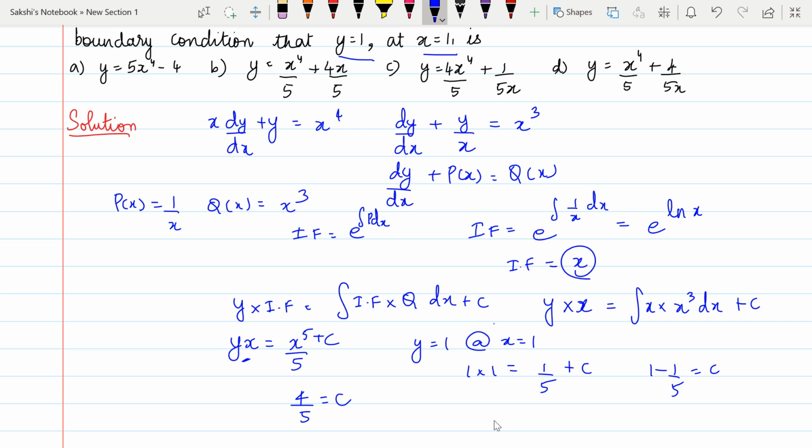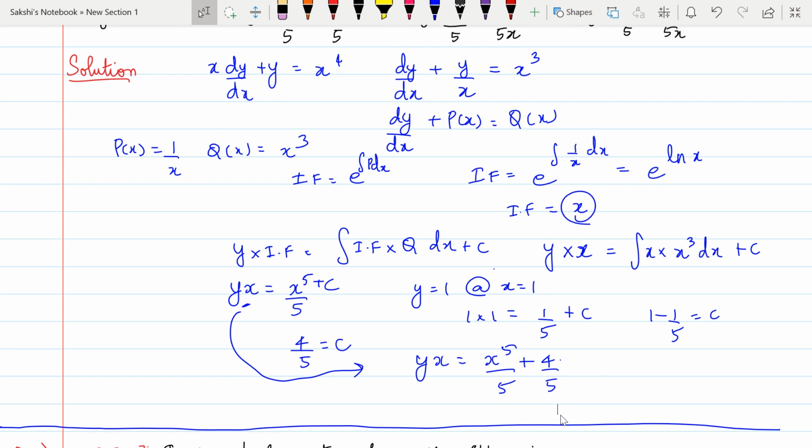Therefore, you can write this solution as yx is equal to x power 5 by 5 plus 4 by 5. Now I can bring this x over here, so y is equal to x power 4 by 5 plus 4 by 5x.